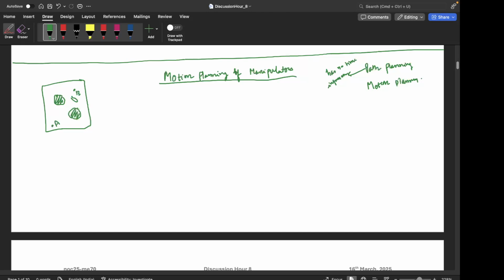Let's say you choose this path, avoiding all the collisions, which you can follow to reach from point A to point B. Now this is just a set of points, or poses.